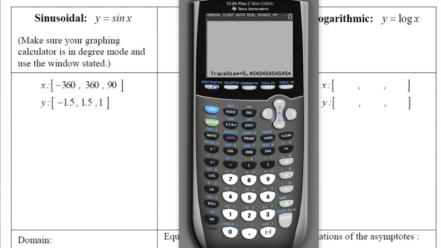We don't have anything to graph yet. Well, we do, but we don't want to graph the absolute value, so let's clear that out, and we will go sine x, and get our very first sinusoidal graph.